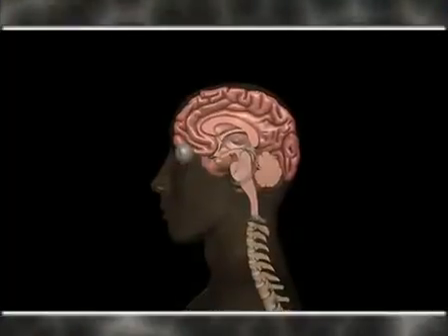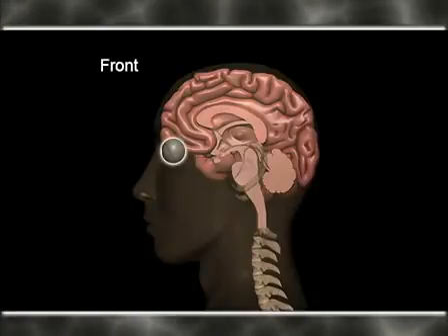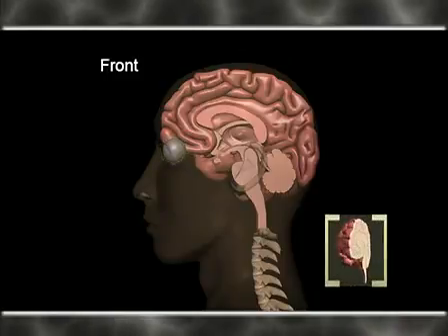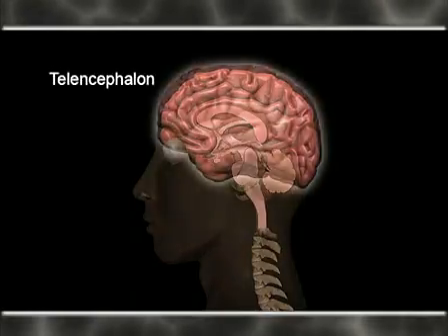So let's look back at our drawing now. Here's the front of the brain, here's where our eye is at. So this is taken in this plane, so you can see the front of the brain and the back of the brain. And let's look at these subdivisions again. Here's our telencephalon.